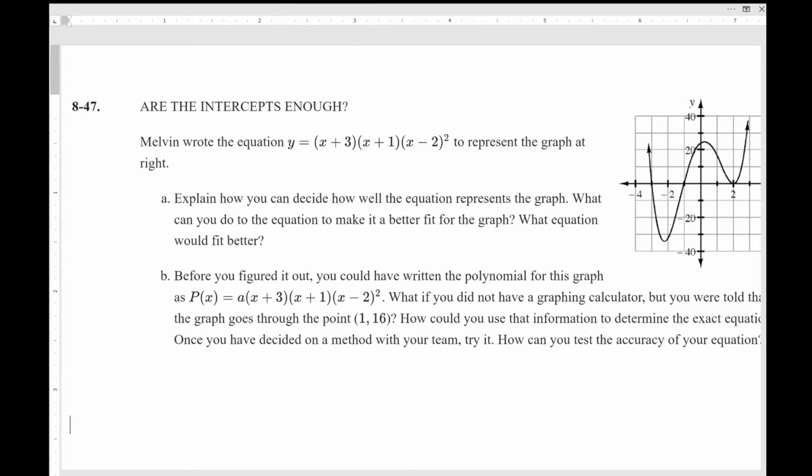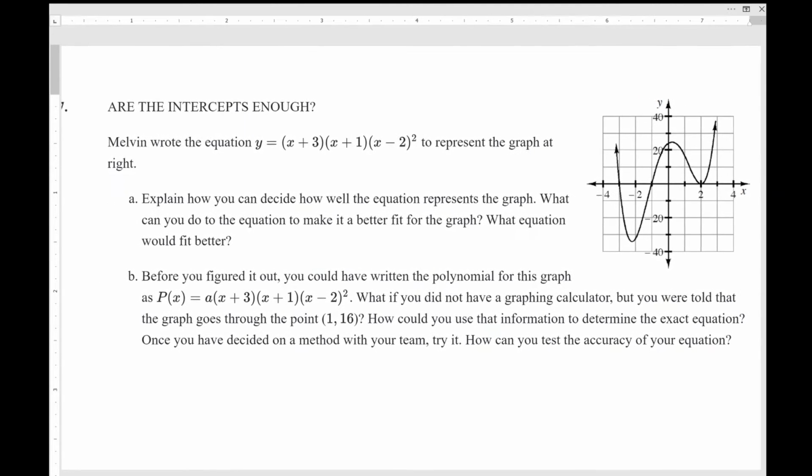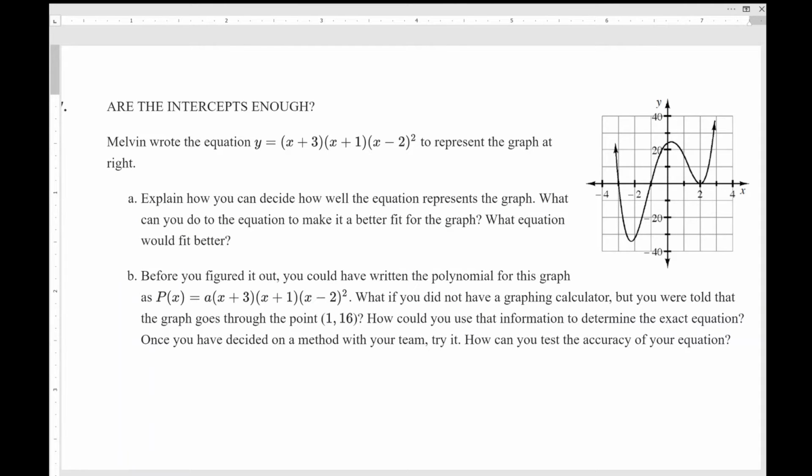And they are wondering whether this graph over here represents the right thing. I will let you think about how you can decide how to tell if the equation represents the graph correctly or not. I will tell you that it does not, and I'll let you decide how you want to.